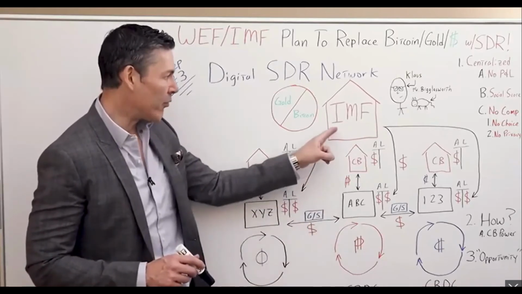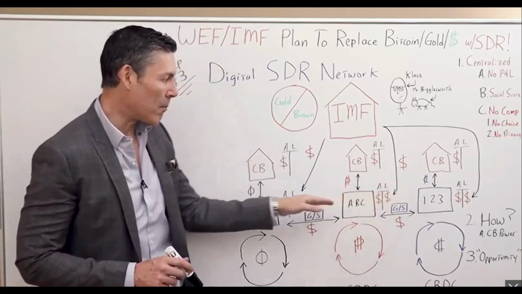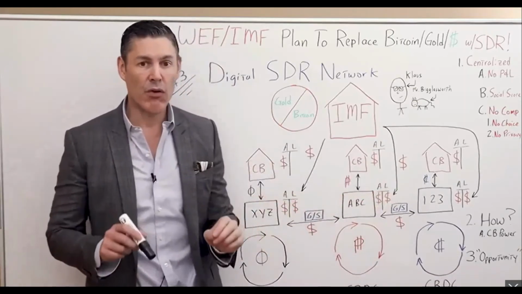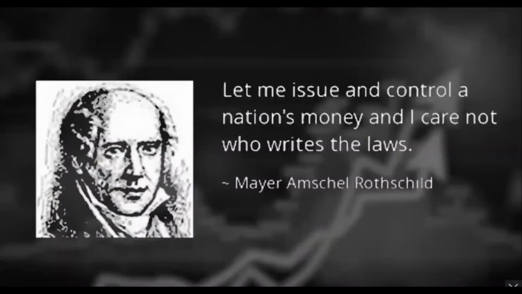So the IMF would be at the top controlling the entire global monetary system. And you know what Rothschild said about money? Give me control of the money, and I care not who writes the laws.